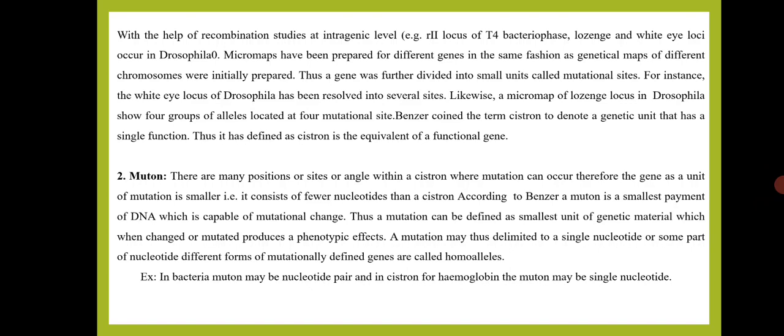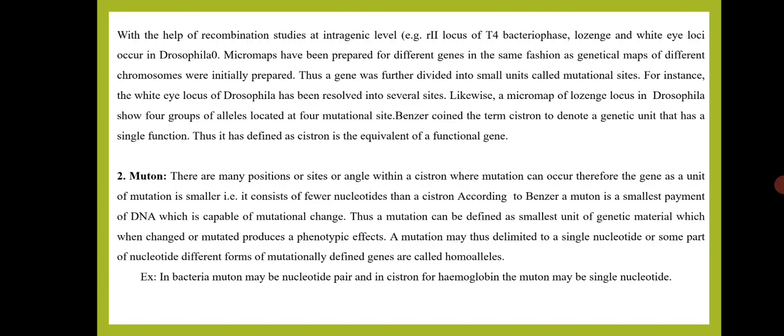Next is the muton. There are many positions or sites within a cistron where mutation can occur. Therefore, the gene as a unit of mutation is smaller. It consists of very few nucleotides compared to a cistron.